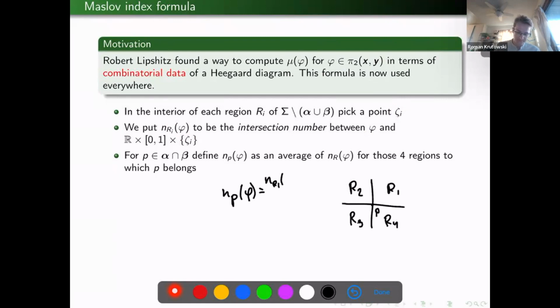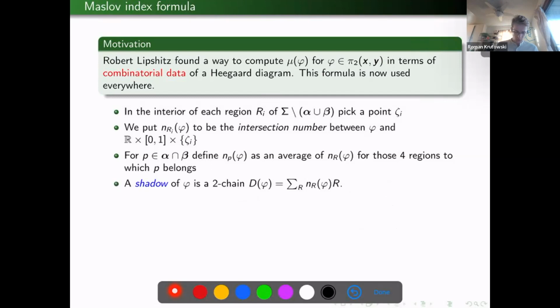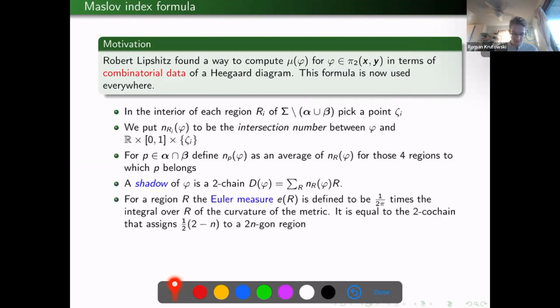Let me write it like this. So it's a sum like this, and we denote by the shadow of phi, the so-called projection of phi to sigma, the two-chain where each region comes in with the coefficient of phi at this region.